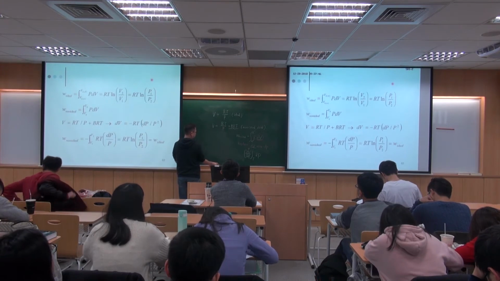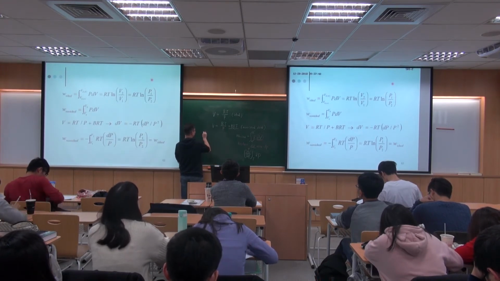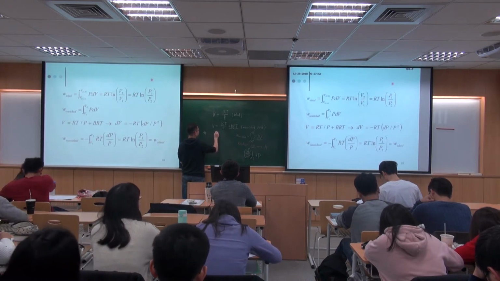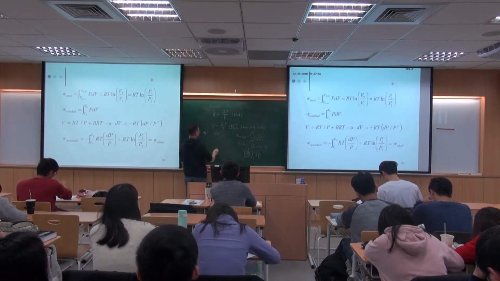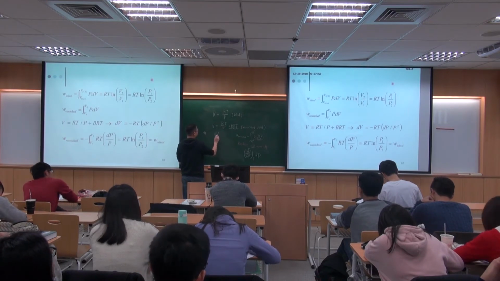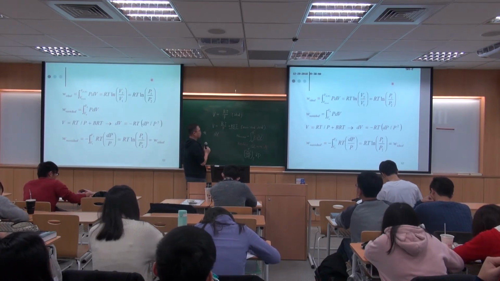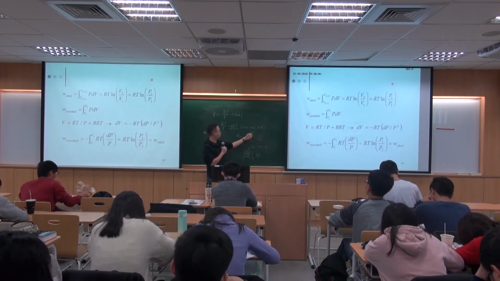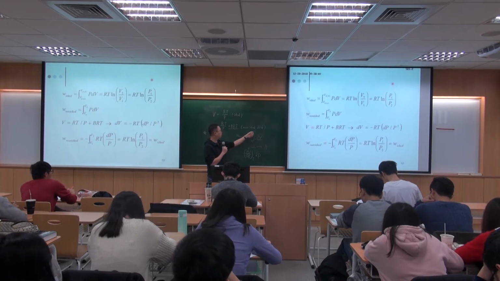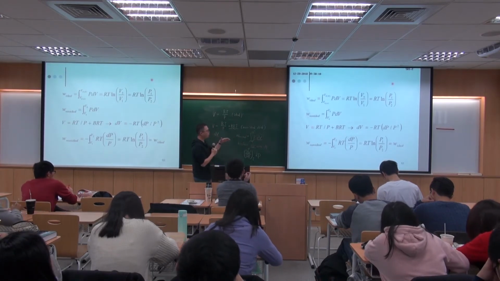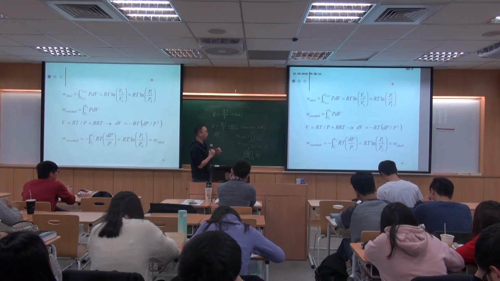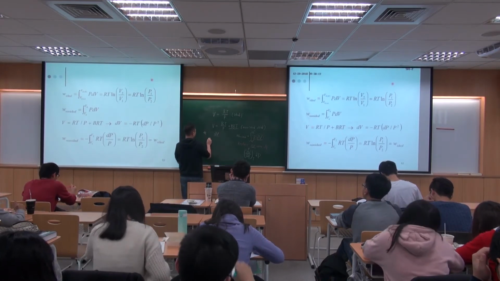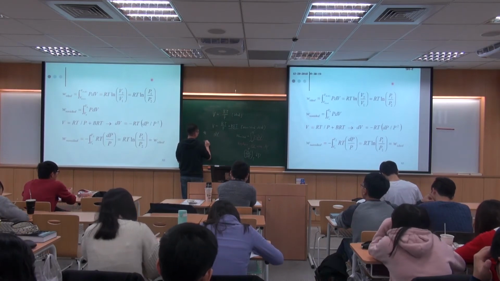Sometimes you want to calculate something that is related to dV, but you don't know how to calculate it. For instance, we don't know how to calculate the change from volume 1 to volume 2, because we don't know what volume 1 prime and volume 2 prime are. But we know the pressure, so we want to change the variable into pressure.